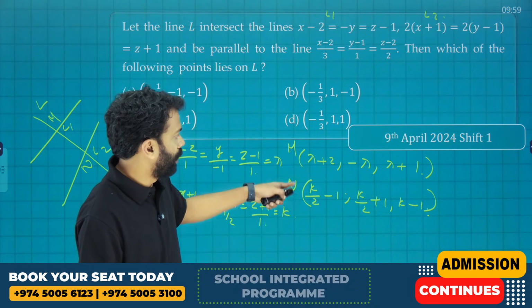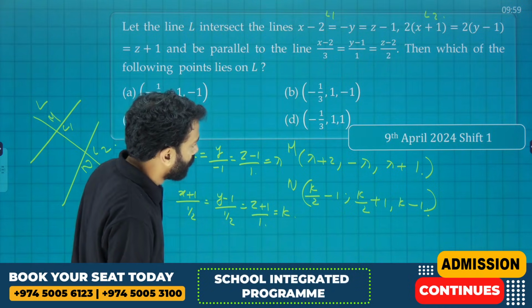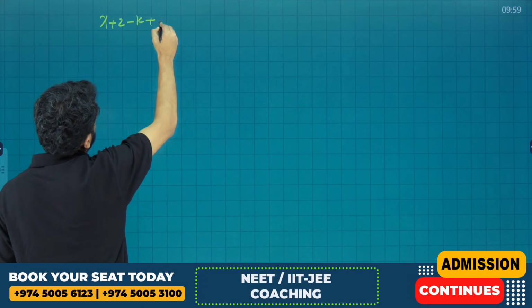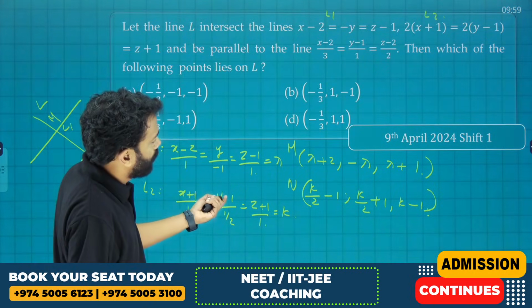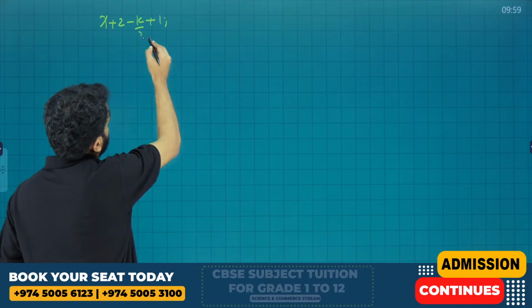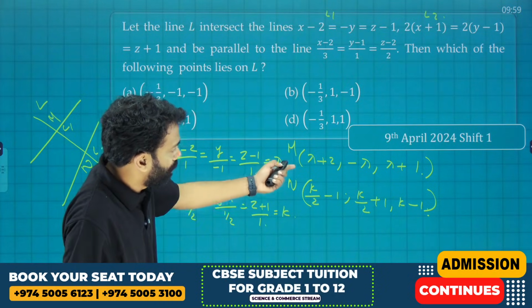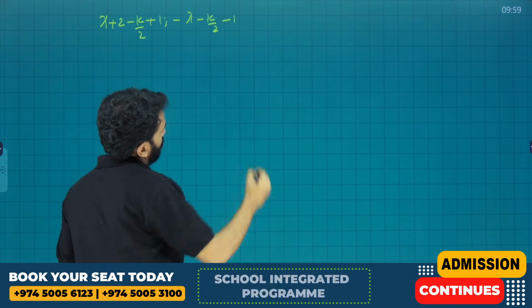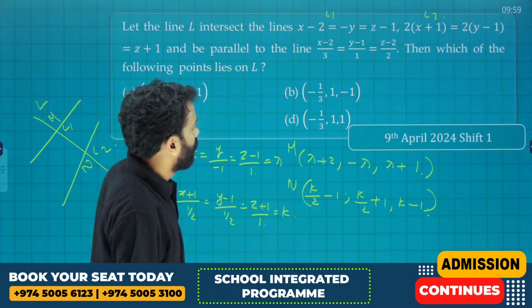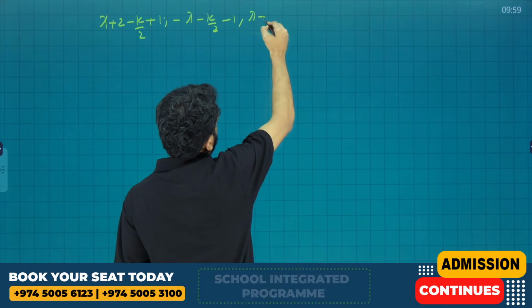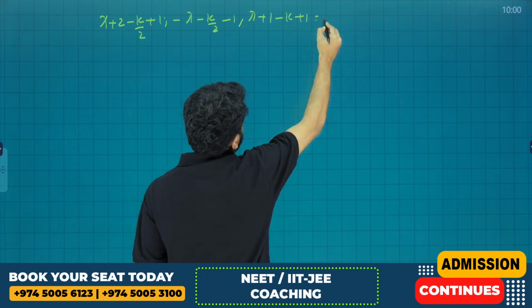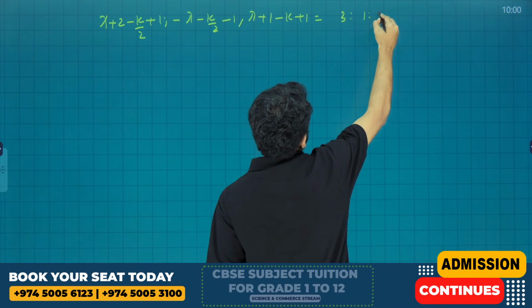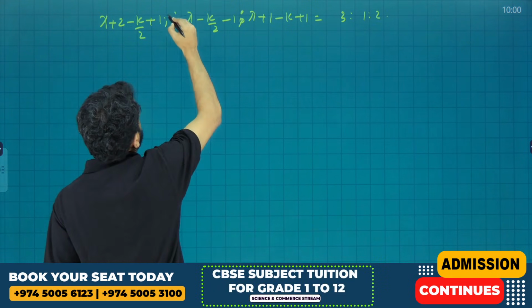Subtracting: lambda plus 2 minus (k plus 1), minus lambda minus (k by 2 minus 1), and lambda plus 1 minus (k plus 1), which is equal to the direction ratios 3:1:2.